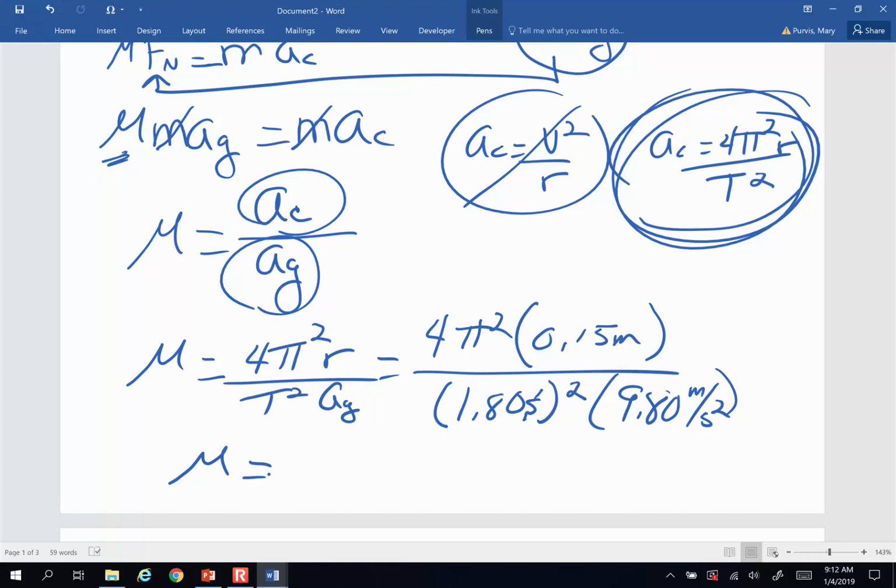I got to do the math. 4 times pi squared times 0.15 equals, divided by 1.8 squared equals, divided by 9.8 equals, and I end up with 0.1865, and if I'm going to round this off to 3 sig figs, 0.187, and that's going to be my coefficient of friction.